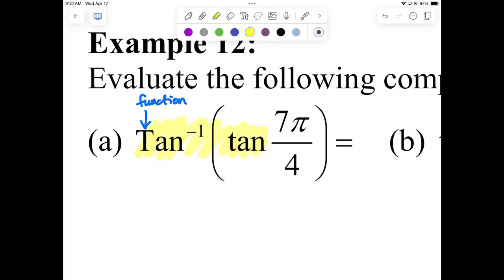But is 7 pi fourths in the PVR? The PVR is negative pi halves to pi halves. And where does 7 pi fourths live? No, it actually does live in quadrant 4. But to get there, we don't go straight down to it. We go all the way around. So this is good. We're in the right quadrant.